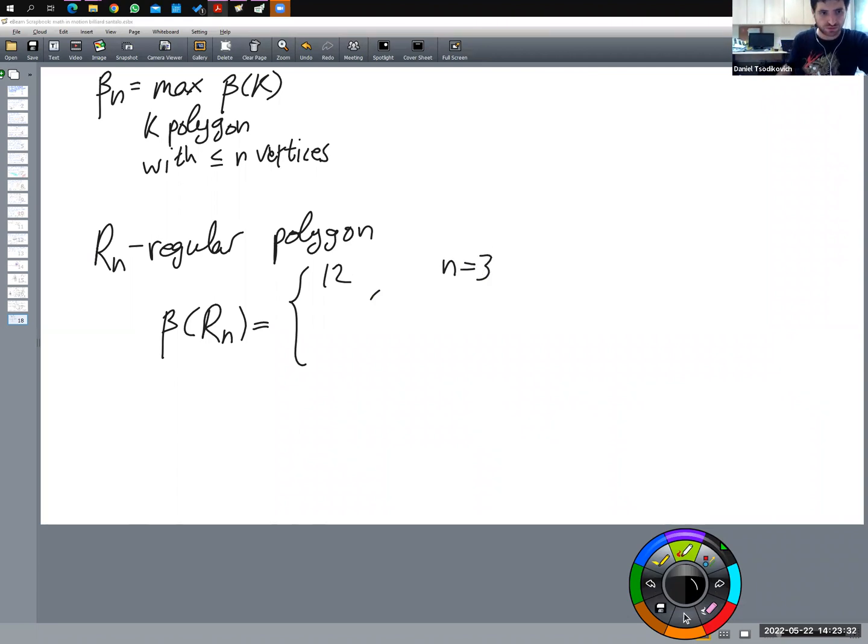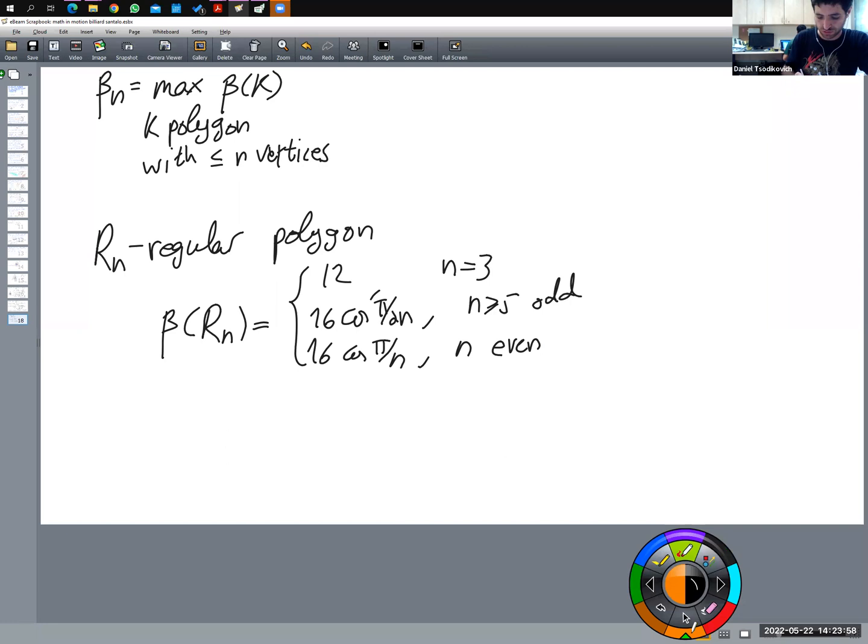And something trigonometric that I need to make sure I'm not getting wrong. 16 cosine pi over 2n when n is odd, and 16 cosine pi over n when n is even.